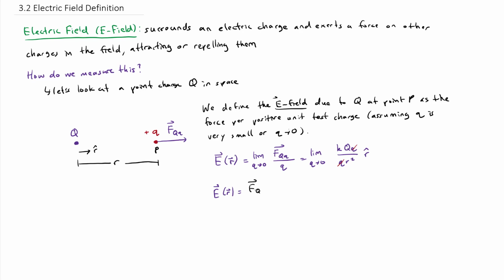So like I said before, we're only looking at the test charge plus q over here. So I'm just going to take away one of the subscripts because we already know what we're looking at. So we have the force from Q divided by the charge of the test charge, which is equal to Q over 4 pi epsilon naught r squared, r hat, and this is in newtons per coulomb.